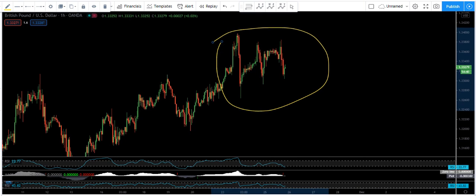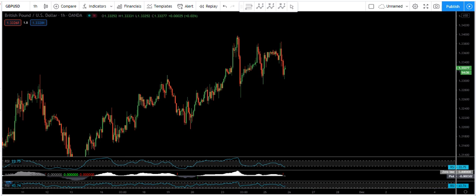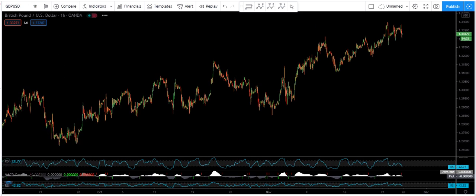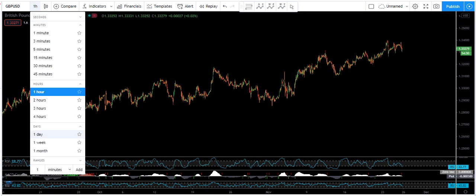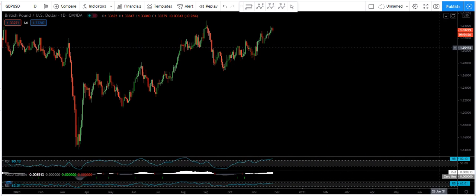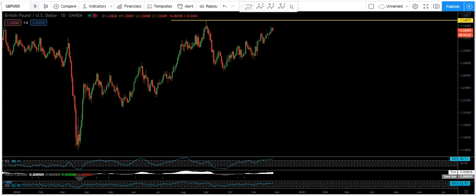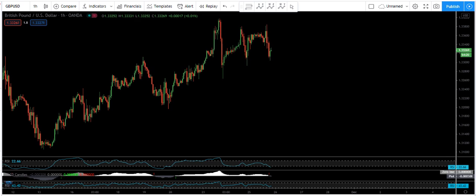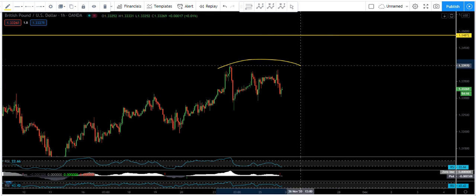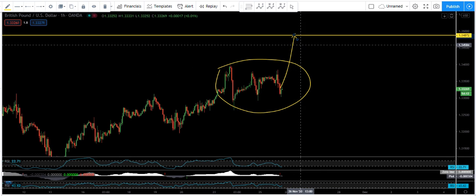And as I said, there is still a possibility for one move up for the price to tag the highest level based on the daily chart. May I show here? This level I mean. If I move to the 1 hour chart, that means there is still the possibility we get one move up, one buy within this correction to this high, but it depends on the traders whether they want to take this one or not.